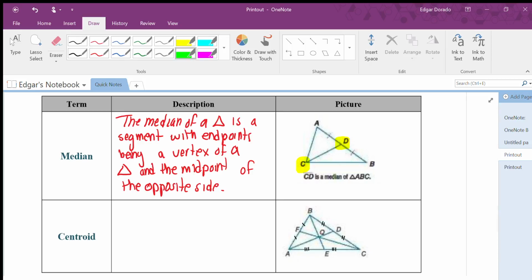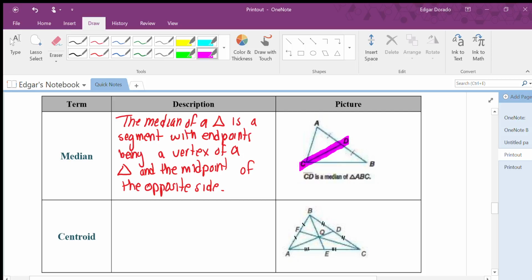So on side AB, we have a point D that is the midpoint of side AB. To complete my median, I have to go from C, my vertex, to the midpoint of AB. So that is my median right there.